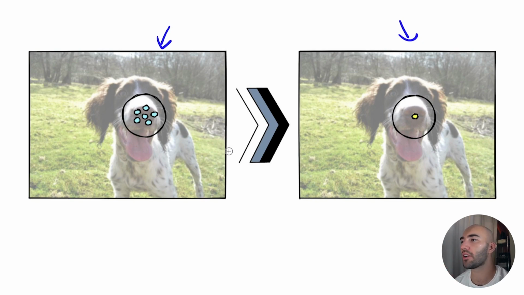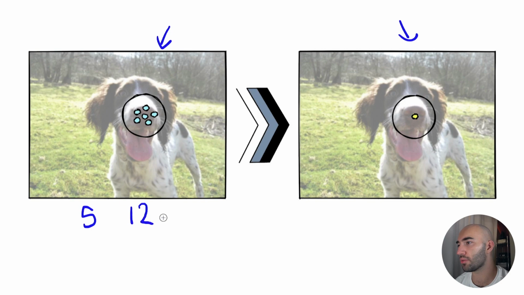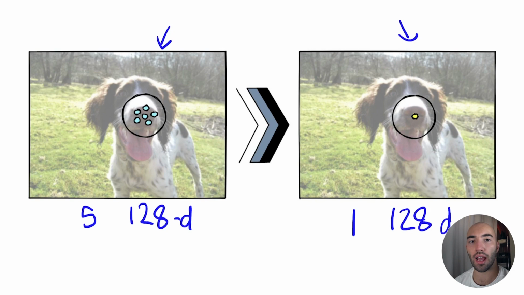So we go from 5 128 dimensional visual features to 1 still 128 dimensional centroid or visual word. And we do that using k-means clustering.